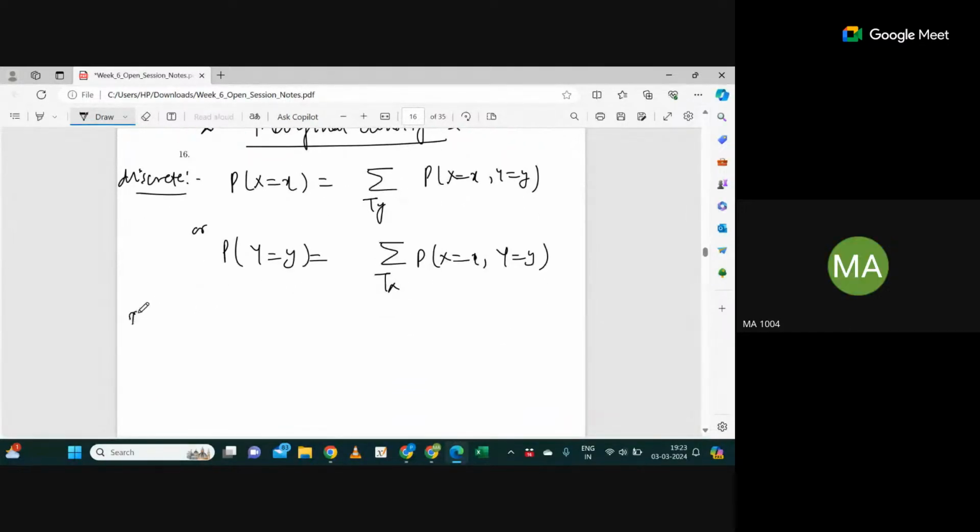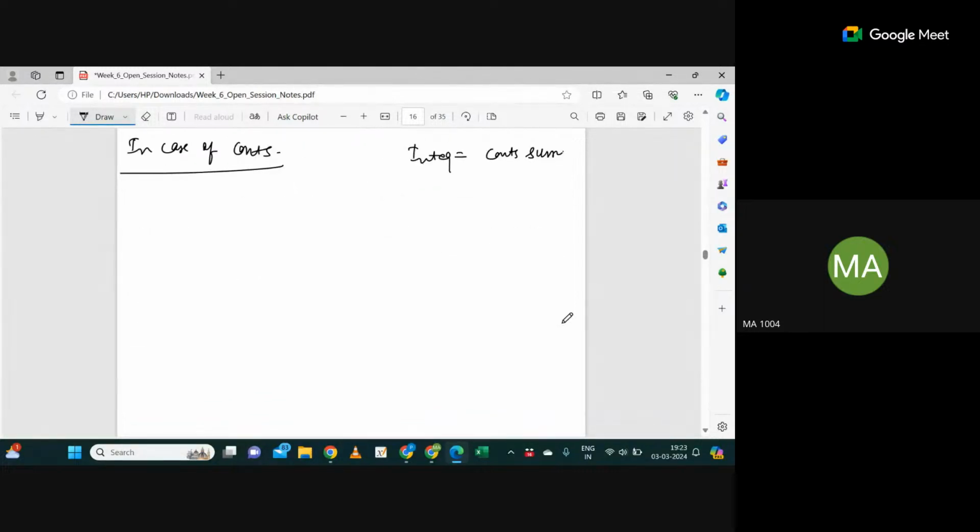In the case of continuous, rather than doing the summation, I have to do the integration. This integration is nothing but continuous summation, actually. So suppose x and y have a joint density, given as f_XY of x comma y.